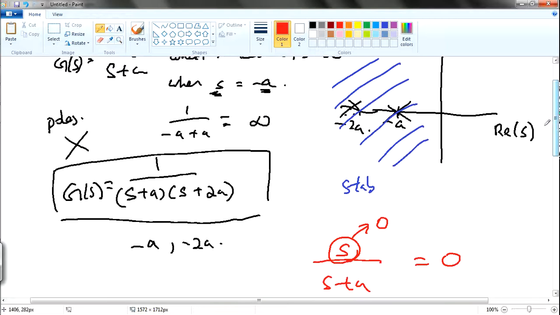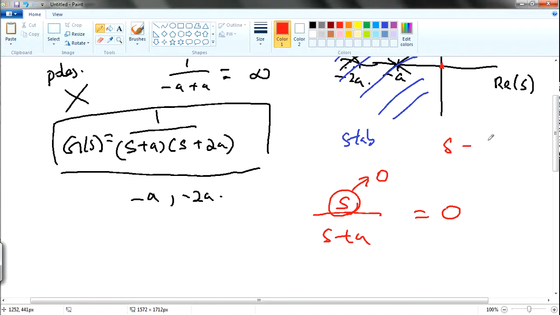So therefore s is actually 0, which is this portion over here. So the value of s is just 0. If, let's say, the numerator is s minus a, maybe s plus a, and maybe this is s plus 2a.